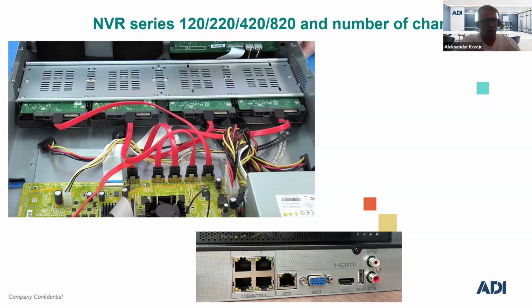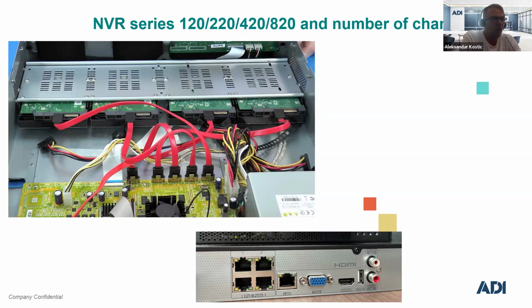There is also one alternative to that. As you can see here in the bottom picture, we have a built-in switch within each NVR. That switch provides not just data communication but also PoE, so we can connect and power up cameras directly from the NVR itself.